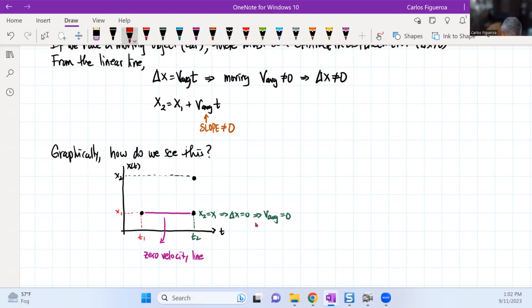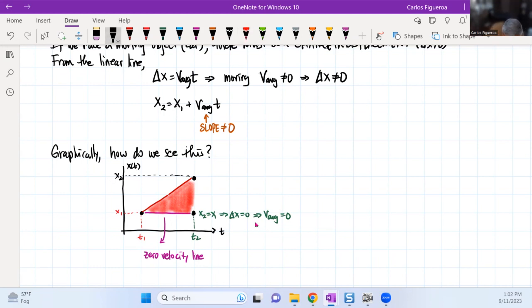So when I look at my line, you could see that I have this shaded area that differentiates between delta x equal to 0 versus delta x not equal to 0.